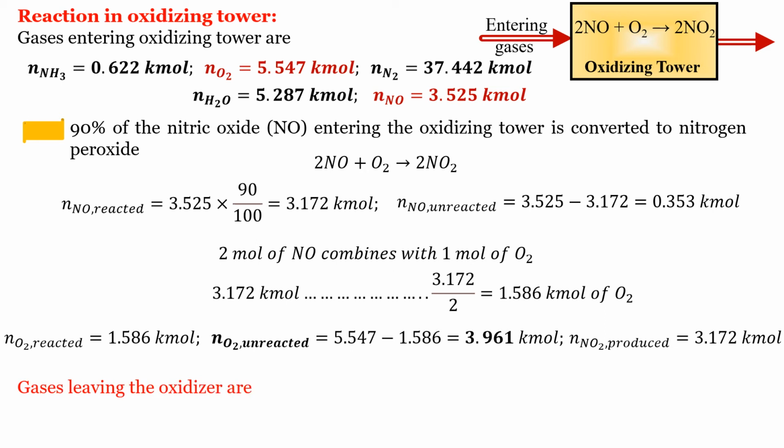Now we can write the gases leaving the oxidizer. So these are the gases which will leave this oxidizer. NH3 will come out as it is, water will come out as it is, nitrogen will come out as it is, and unreacted oxygen, unreacted NO, and the NO2 produced will come out.